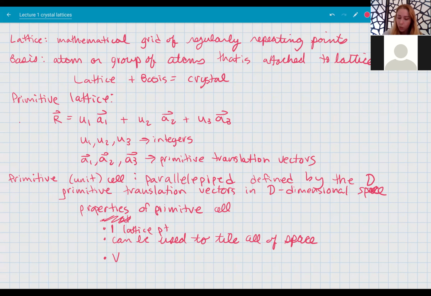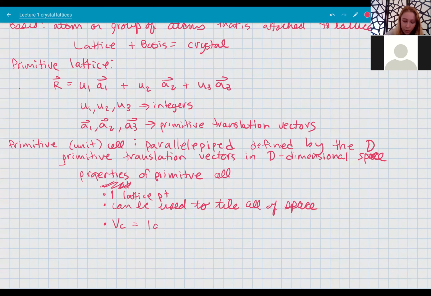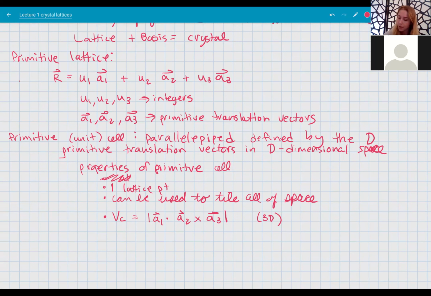If you know what the primitive translation vectors are, then the volume of the shape that they enclose is given as the absolute value of A1 dot A2 crossed with A3. And obviously the order doesn't matter because we're taking an absolute value here. So this is the formula in 3D. In 2D, the formula is equal to the absolute value of A1 cross A2.